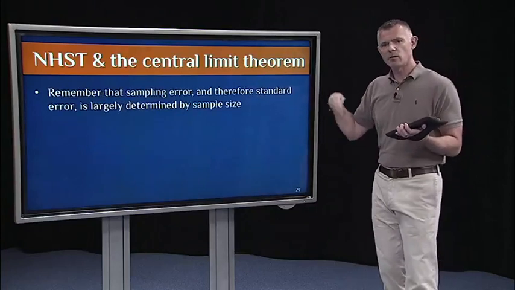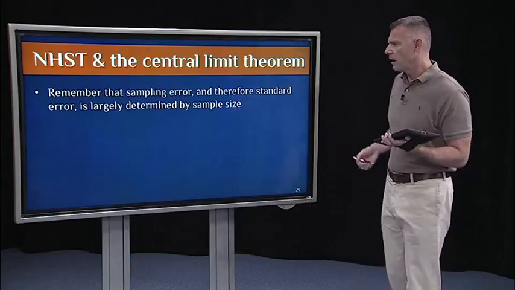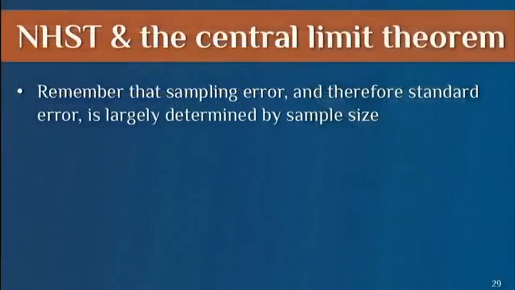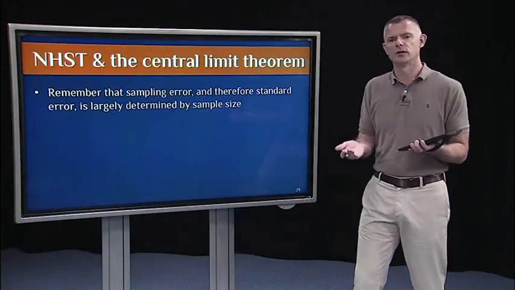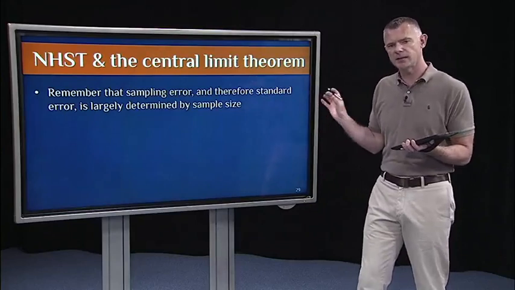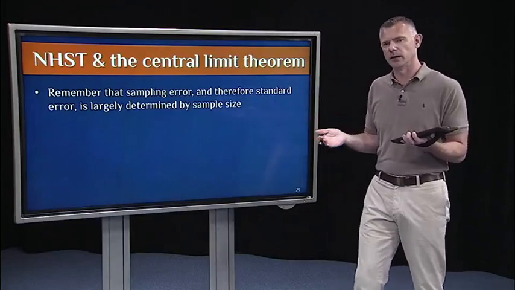Now remember, I want to reiterate at the end of this segment, I'm wrapping up here, sampling error, therefore standard error, is largely determined by sample size. Right? We went over this when we talked about sampling, way back when I introduced the notion of sampling error and defined standard error as the average amount of sampling error.